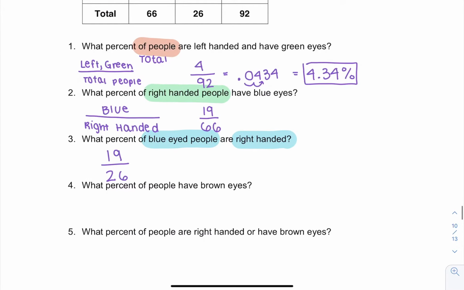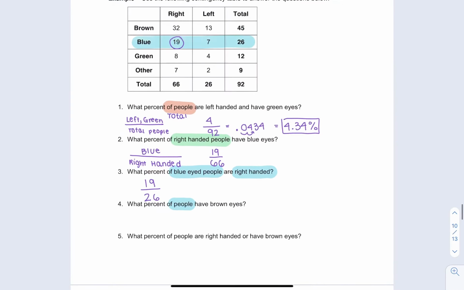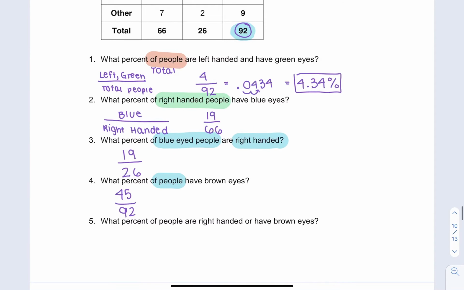Next up, it asks what percent of people have brown eyes. So here, I'm looking for "of people." So here's the total. How many of them have brown eyes? Well, the total of brown eyes is 45, and the total number of people is 92. So I say 45 out of 92. Oh, and let's go back for these two. I forgot this.